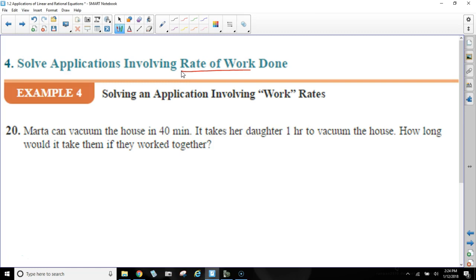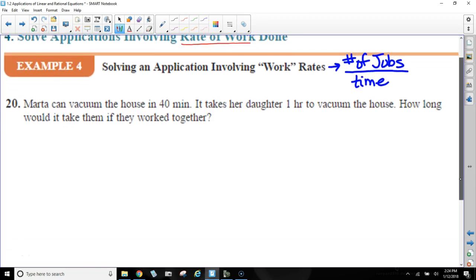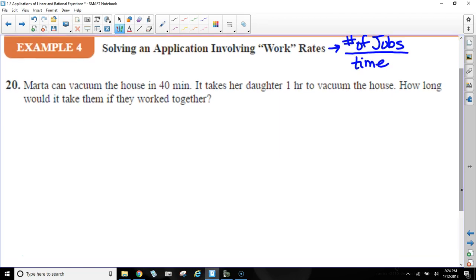So for an application problem involving work rates, you want to think of the rate as being calculated by number of jobs a person can do over the amount of time it takes. Number of jobs over the amount of time it takes. That's kind of the key, the guideline to follow when setting up these work rate problems.